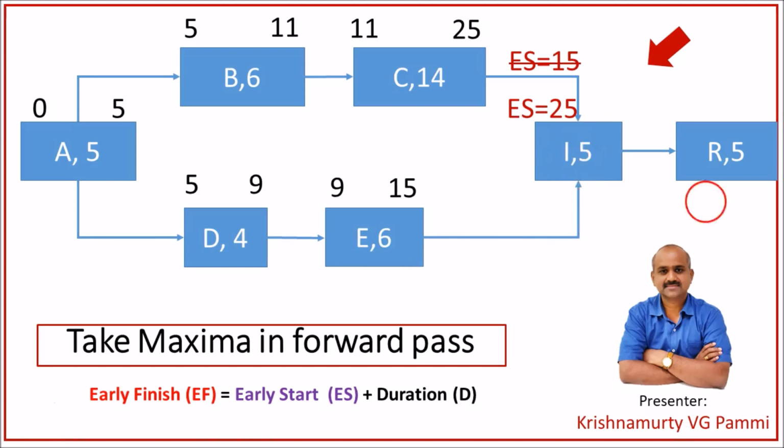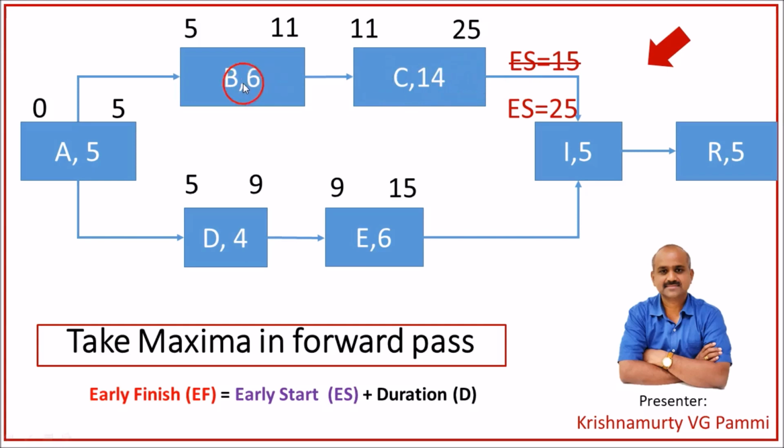So for activity I to get started, both C and E must first be finished. So it has to take 25, because even though activity E is getting finished at the end of the 15th day, activity I has to wait till the end of 25 because it requires C to be completed.